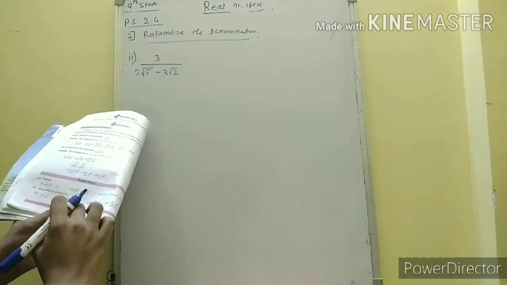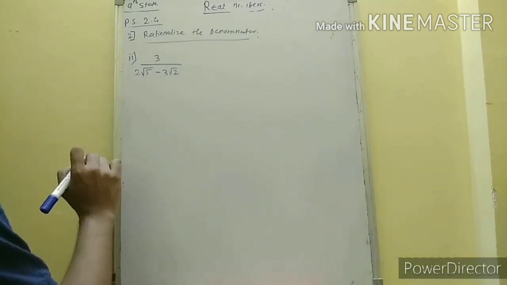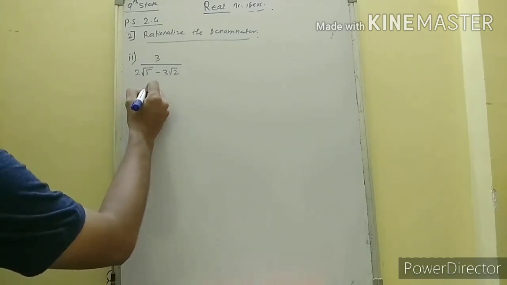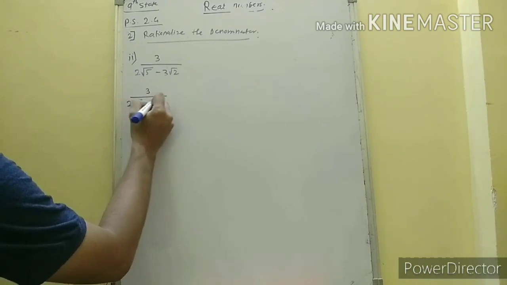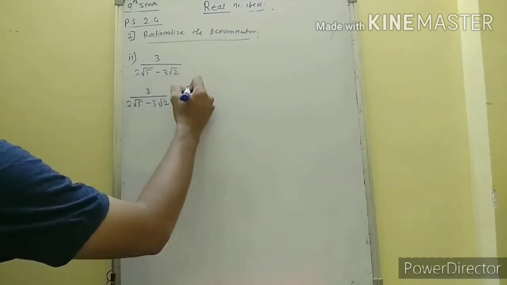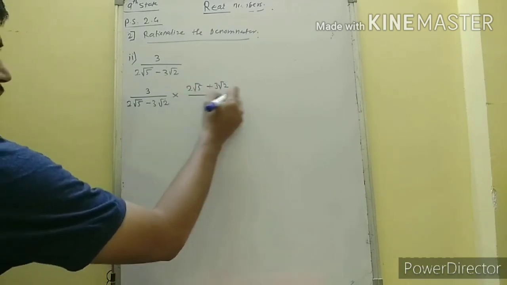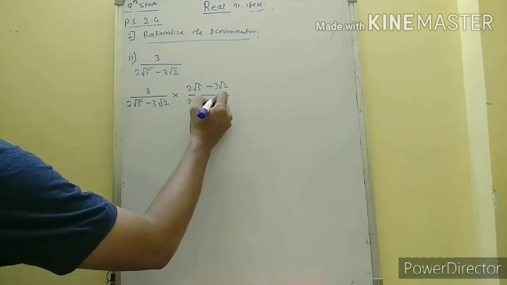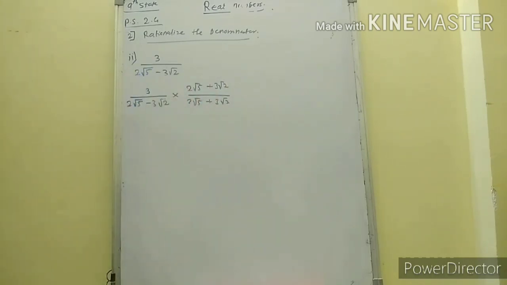So when we rationalize this, we will have 3 upon 2 square root of 5 minus 3 square root of 2 multiplied by 2 square root of 5 plus 3 square root of 2. You should change the sign and multiply it to both numerator as well as denominator.